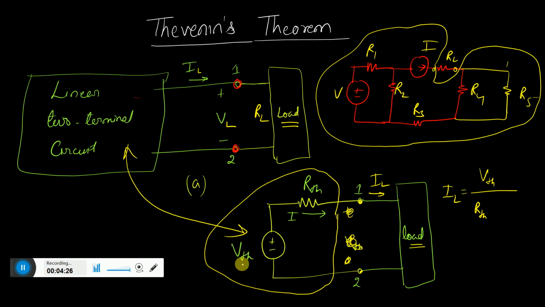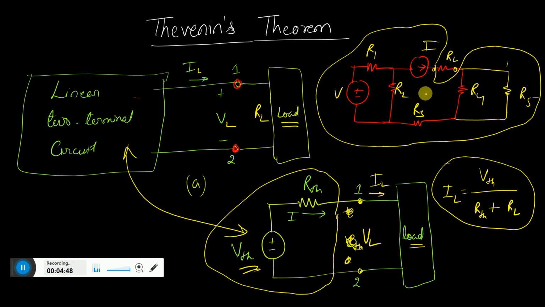Rather, VTH is the Thevenin voltage over here, and here you are finding the load VL, right? So you can write IL is equal to VTH by RTH plus RL. In that way you can easily find the current.